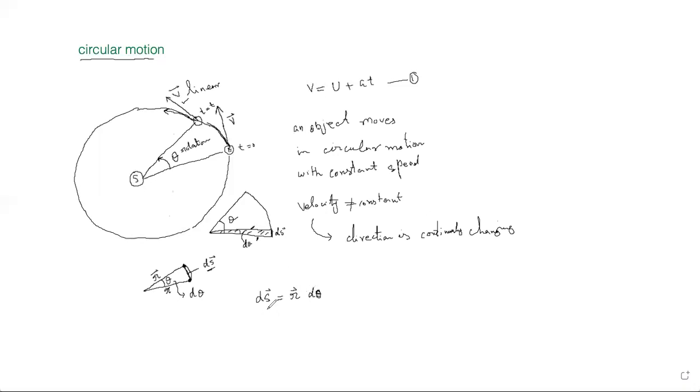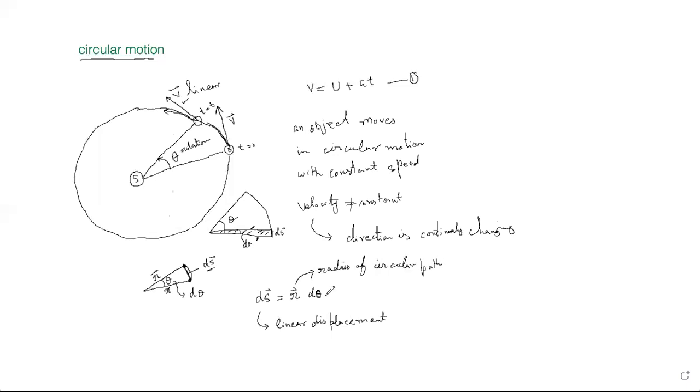Now in this equation, what is this ds? ds is the linear displacement. The radial vector r is the radius of the circular path of the motion.